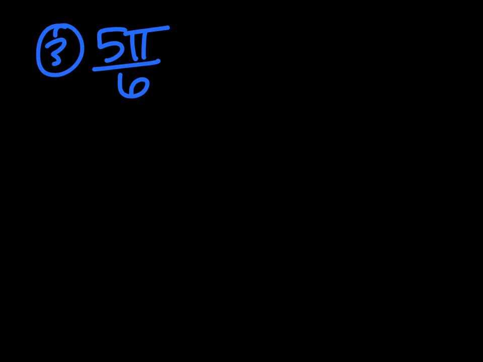Okay, example 3, let's go the other way. So I've got 5 pi over 6, and I want to figure out how many degrees it is. So my goal right now is to get rid of this pi in the numerator. So I'm going to need to multiply it by something where the pi is in the denominator in order for these two things to cancel out.